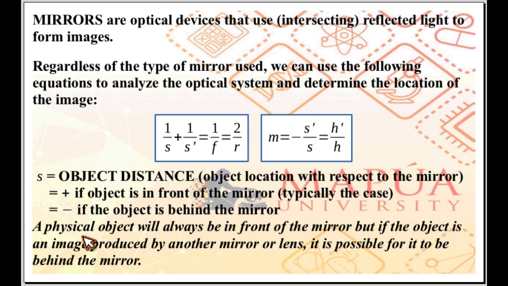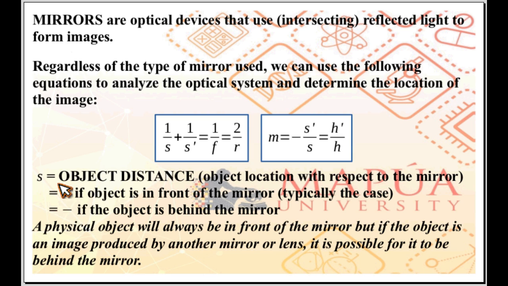Now, a physical object will always be in front of the mirror. That is to say, S is positive. But if the object is an image produced by another mirror or lens, the object basically is an optical copy of another object. It's possible for it to be behind the mirror. So, if the object, in this case an image, is behind the mirror, S is negative.